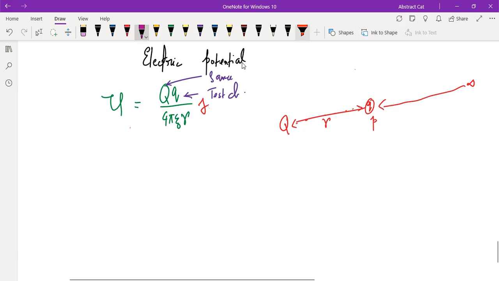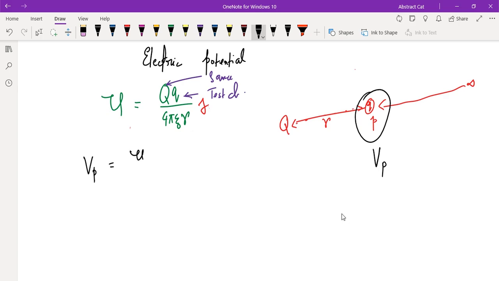So what is the potential at point P? How do we calculate it? The potential at point P, Vp, is equal to U by the test charge, which equals Q over 4 pi epsilon naught R, and the potential is independent of the test charge.